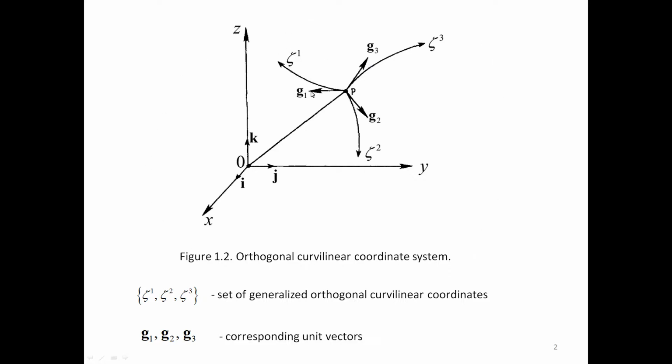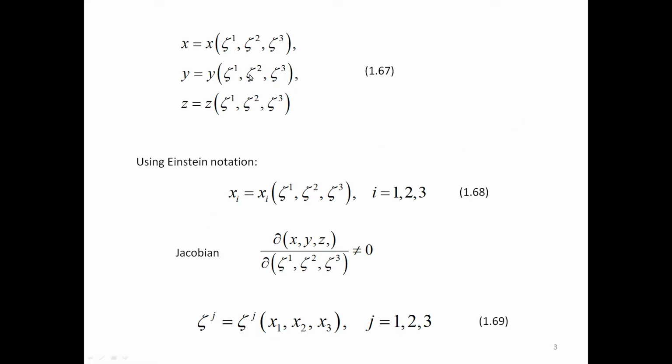The rectangular Cartesian coordinates are related to the generalized curvilinear coordinates by the following expressions. X is a function of the zeta coordinates, and y and z also. Using Einstein notation, we have the following expression.